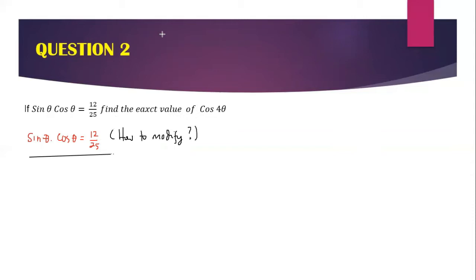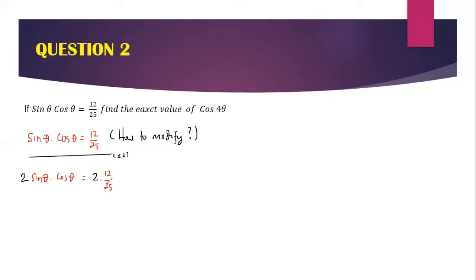Both sides times by 2. Very easy, right? So you'll find here 2 sine theta cosine theta equals 12 over 25, how come?